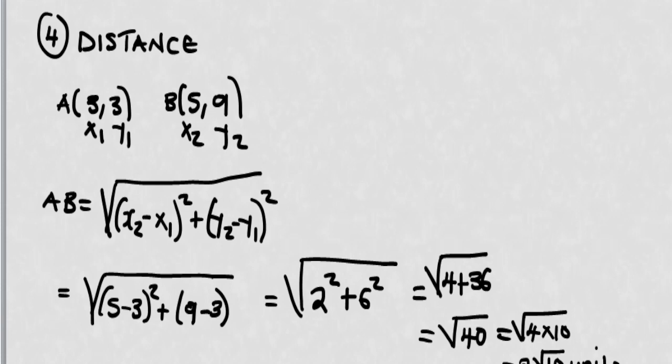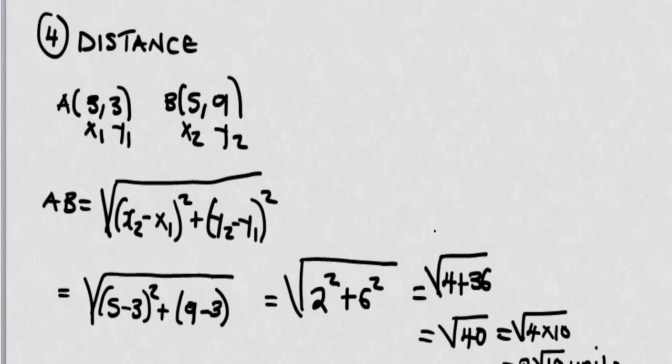But if you are finding a direct answer, suppose they give you a perfect square, something like the square root of 36, the square root of 49, those you can just find them direct and just like that.